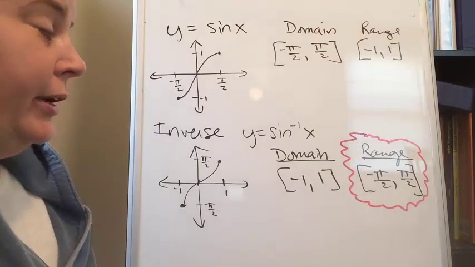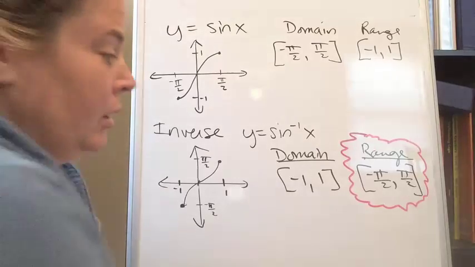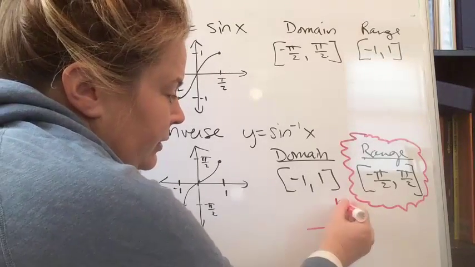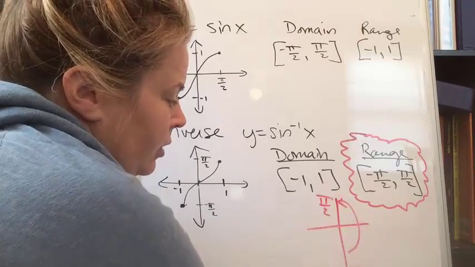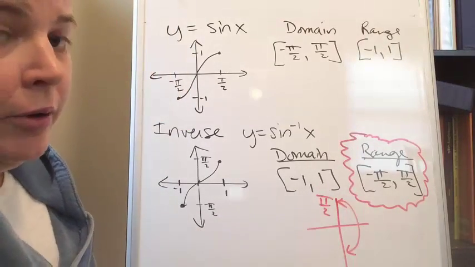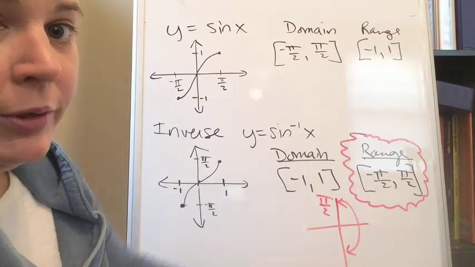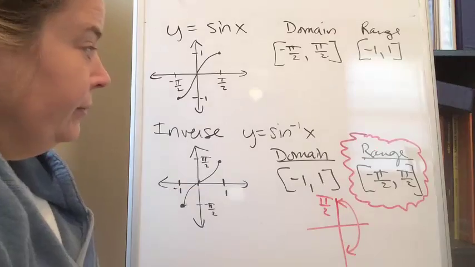All answers for inverse sine must be between negative pi over 2 and pi over 2. One way to think of that is from quadrant 1 to quadrant 4, right? All answers need to be between pi over 2 and negative pi over 2 for inverse sine.